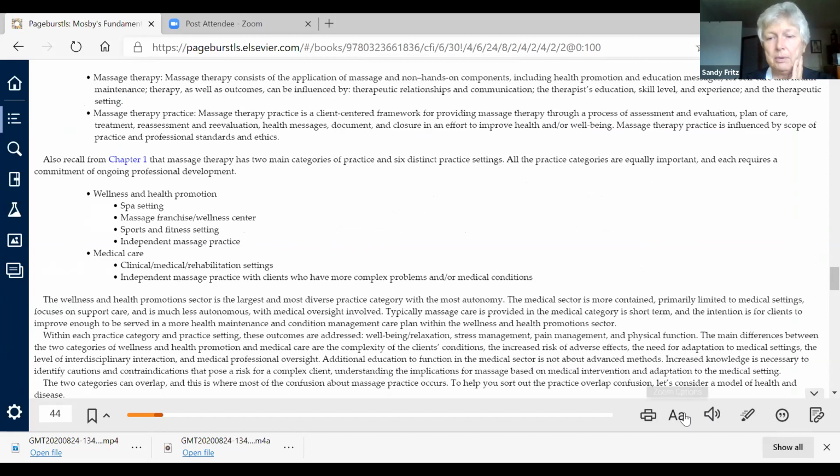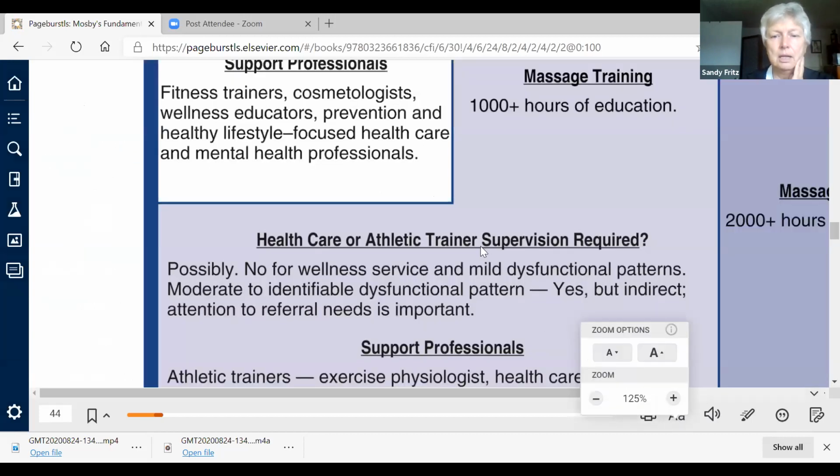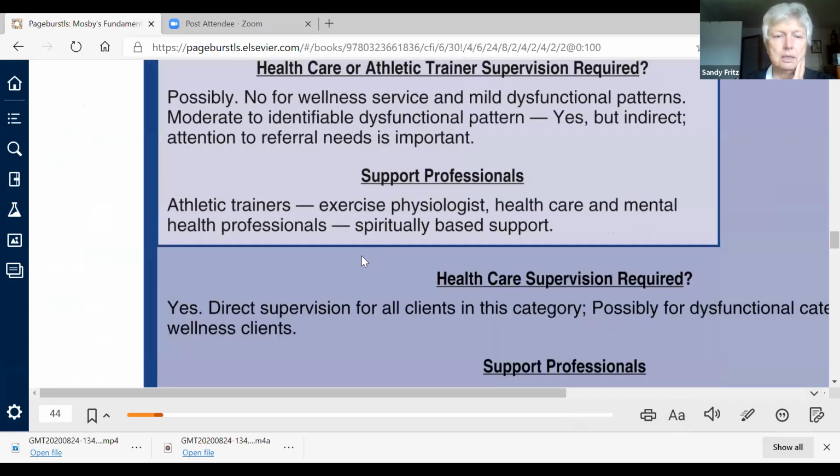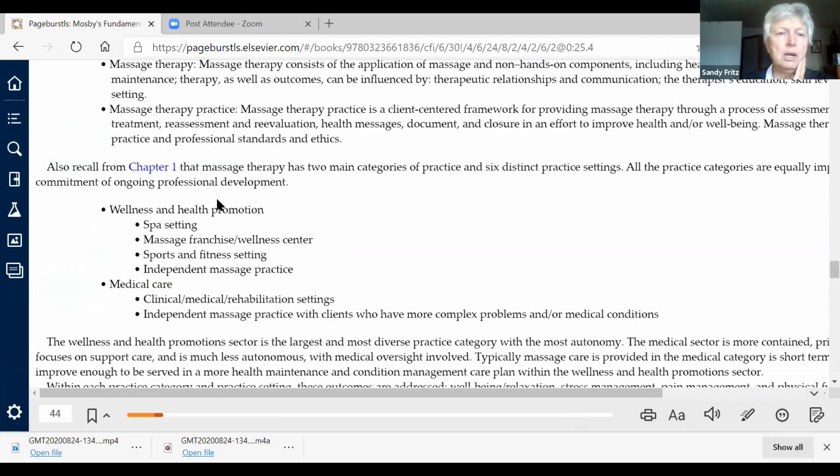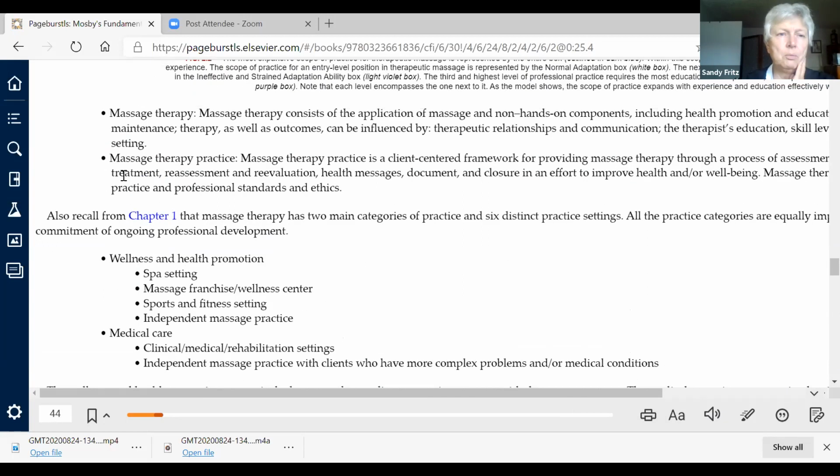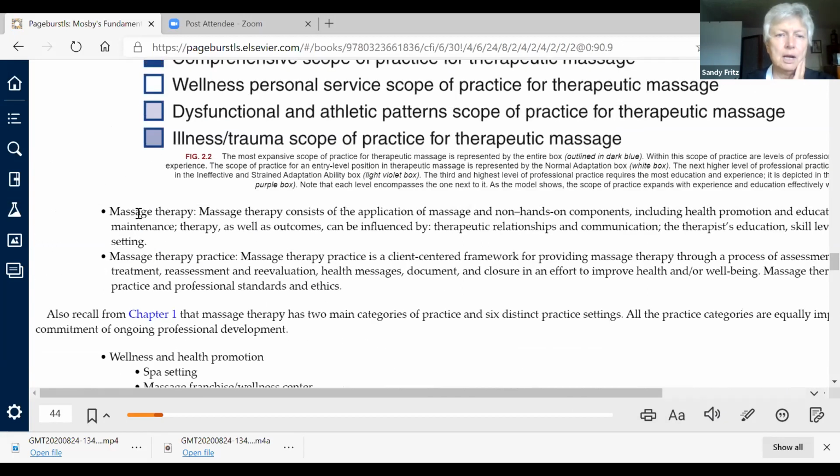And I'm going to bring the font up just a little bit again here. And so here we reflect again on our massage, which is manual therapy that many professionals can use, but it is unique to massage therapy practice for us. It is our primary method.